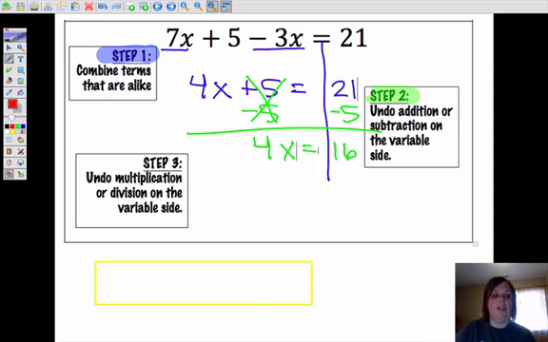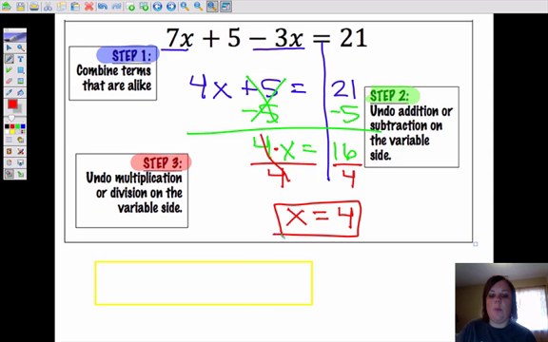And then in my last step, step 3, I want to undo multiplication or division on the variable side. So it's 4 times x. So to undo times, I divide by 4. Then these 4's cancel out, leaving me with x is equal to 16 divided by 4, which is 4.